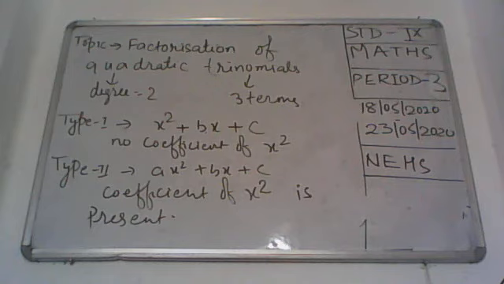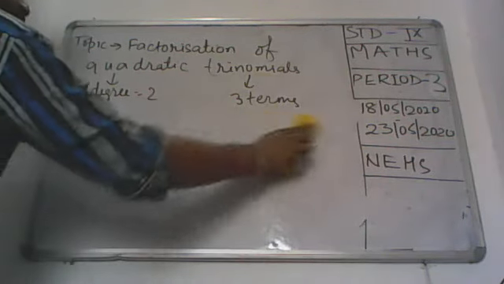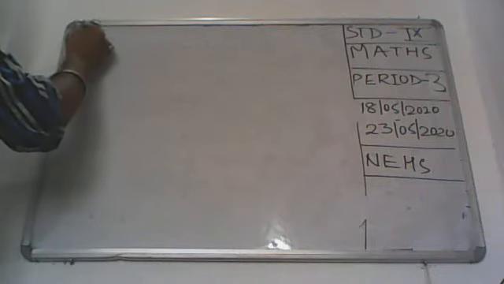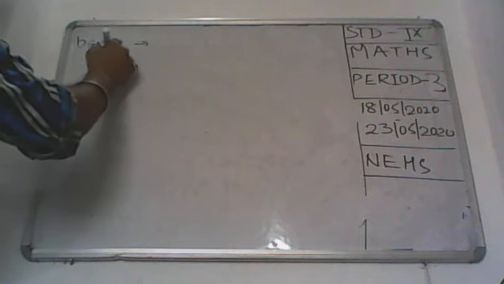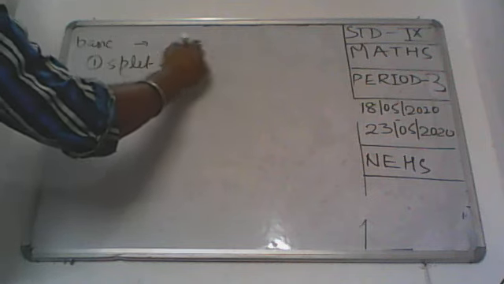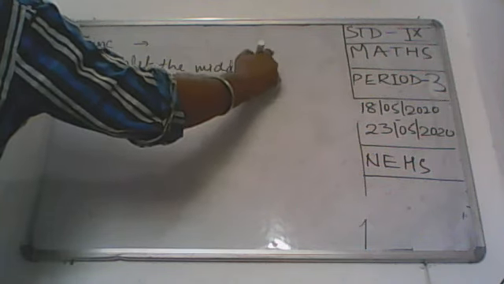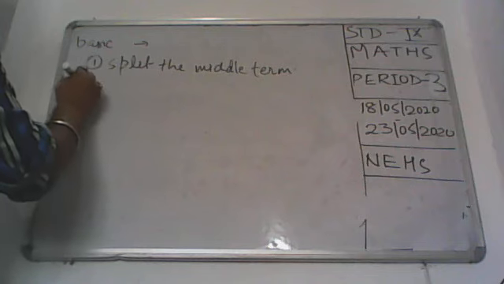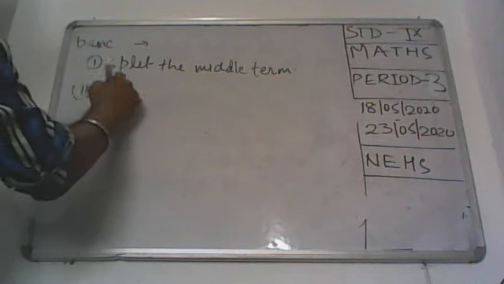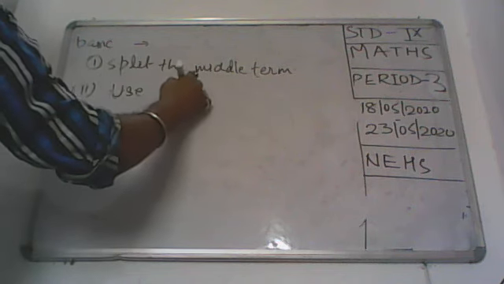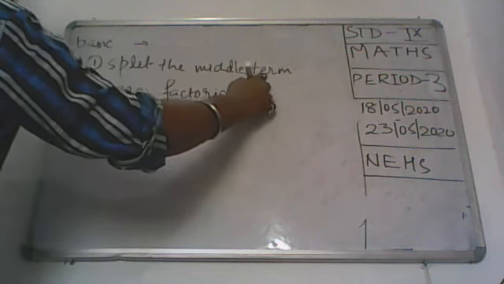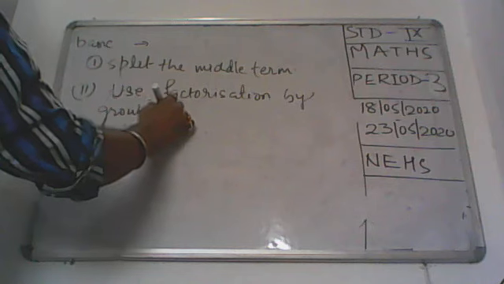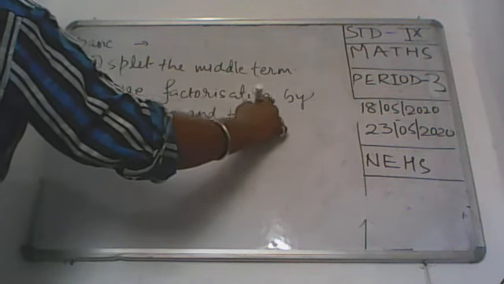The basics of this factorization are: number 1, split the middle term, then use factorization by grouping and taking out the common factor.